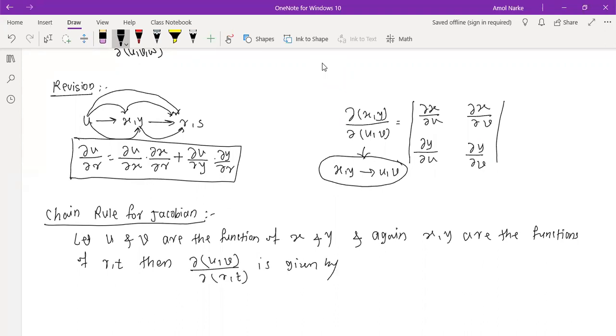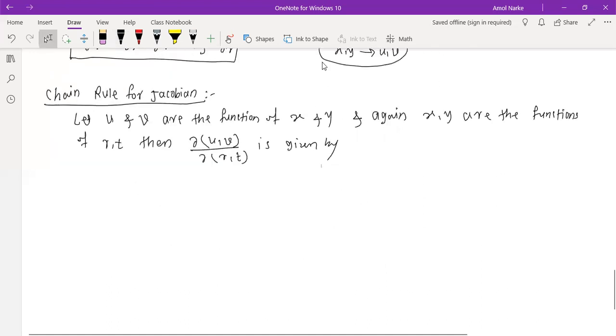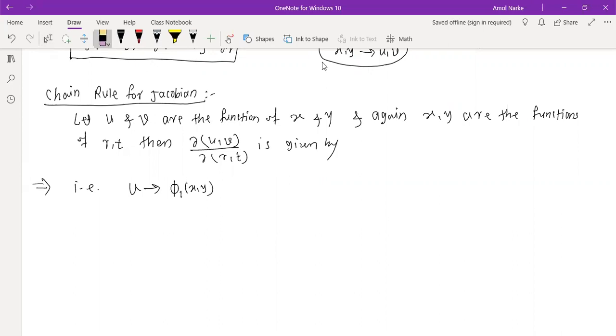How to find that one? That we will explain here. Very simple, I use the same chain rule. What have they given? u and v are functions of x and y. You can define u as some phi 1 of x and y, and similarly v is equal to some phi 2 of x and y.